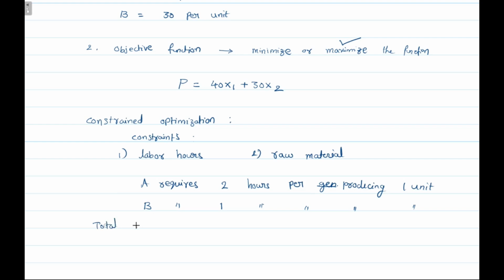And the total number of hours left with the company or manager is 100. So how can we represent this in terms of mathematics?